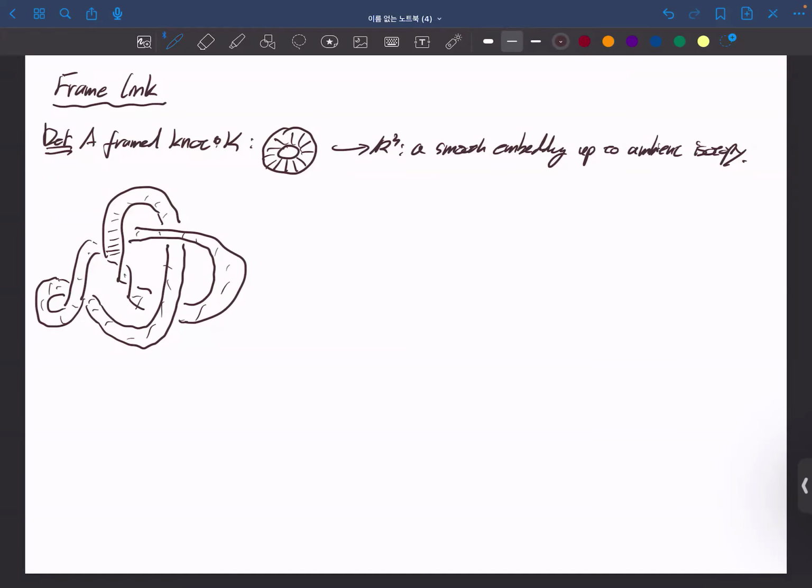Of course, at the same time, we can define framed links in the same way, as a disjoint union of annuli to R3 up to ambient isotopy.